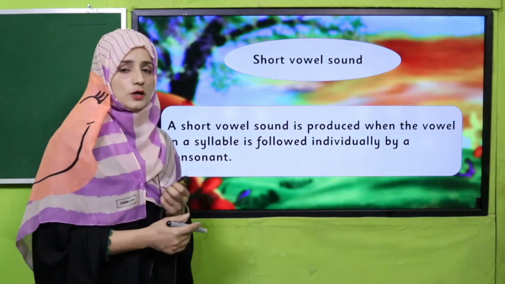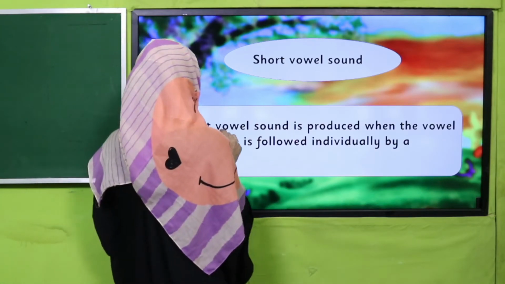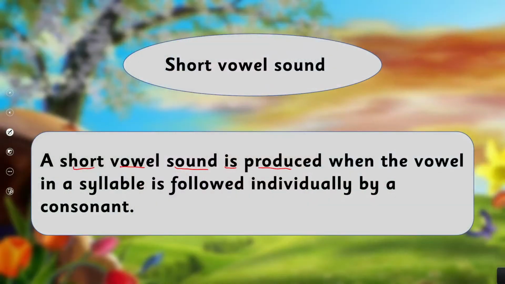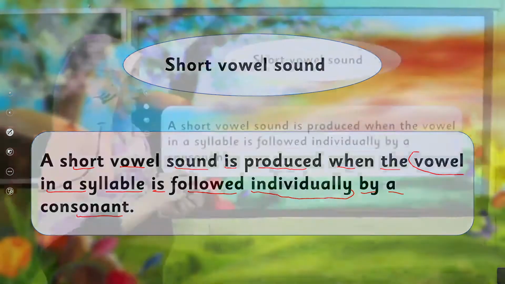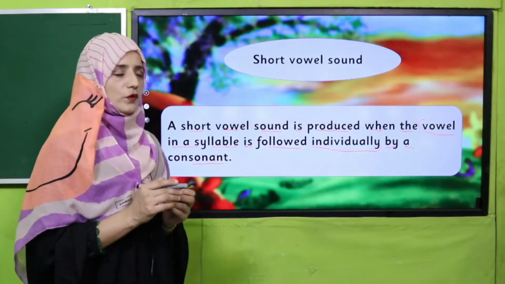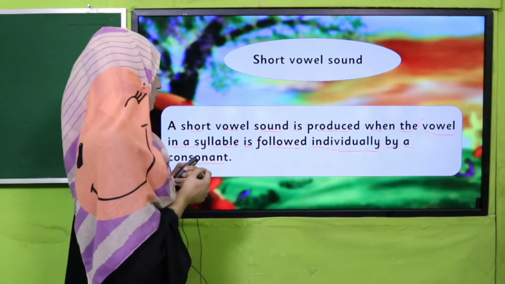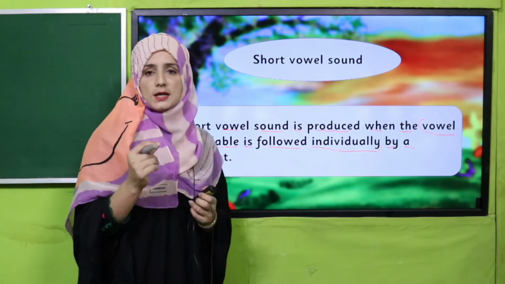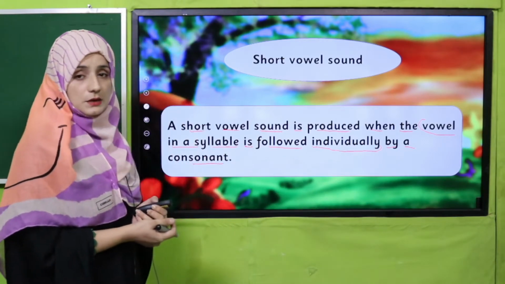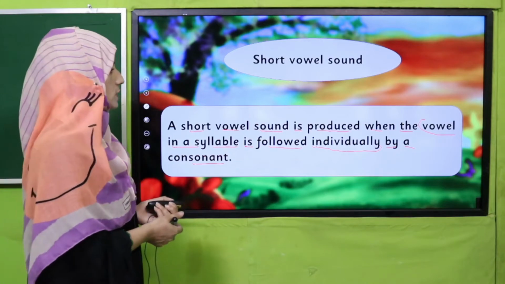What are short vowel sounds? A short vowel sound is produced when the vowel in a syllable is followed individually by a consonant. Short vowel sound occurs when a vowel is followed by a single consonant. Then we read it as a short vowel sound.